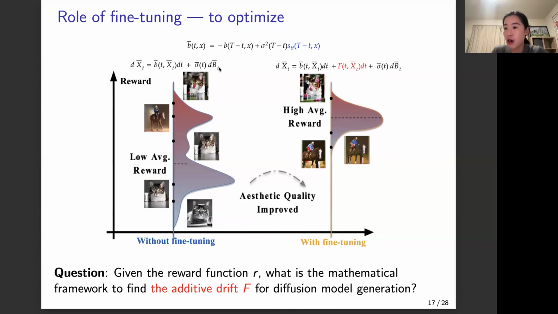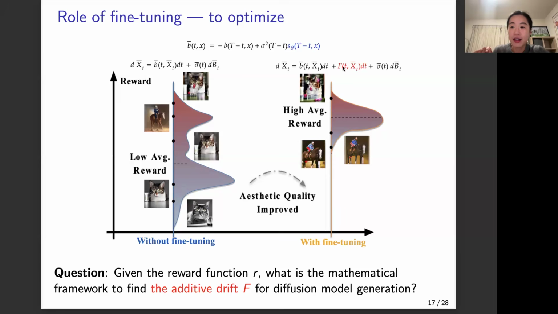For diffusion models, the sample is simulated according to the time-reversal SDE. So a natural thing to do is to add another drift term f so that it drives the entire dynamics towards the high reward regime.